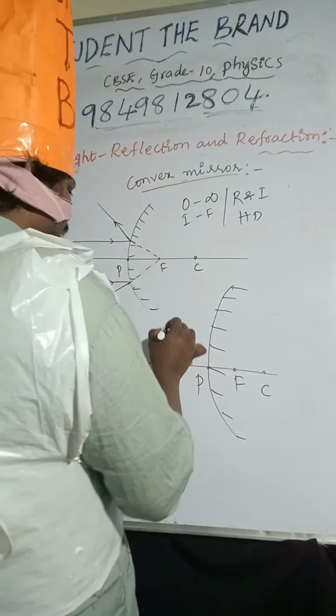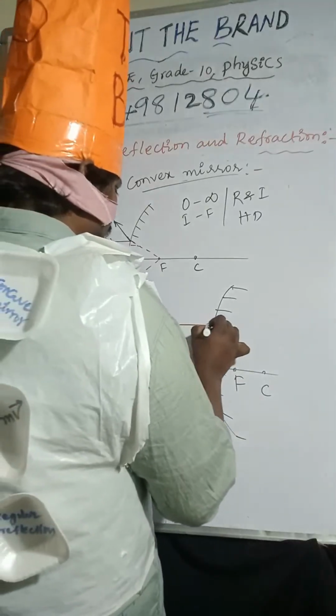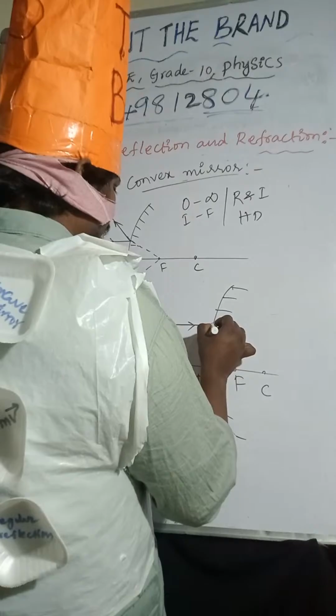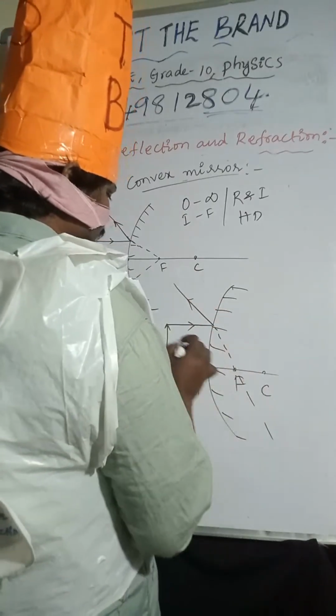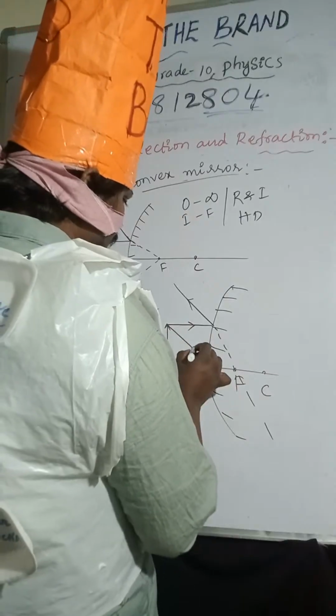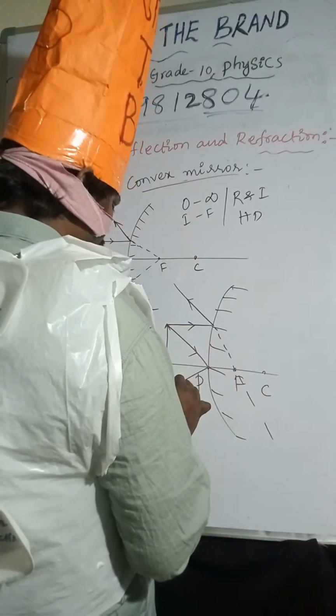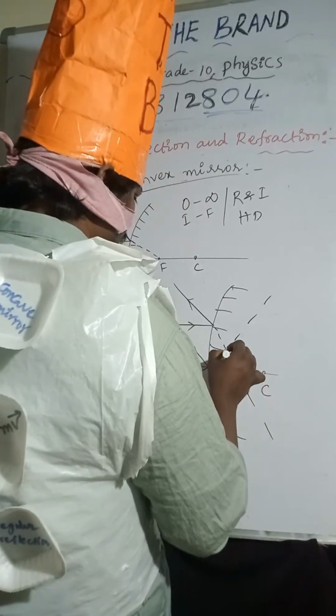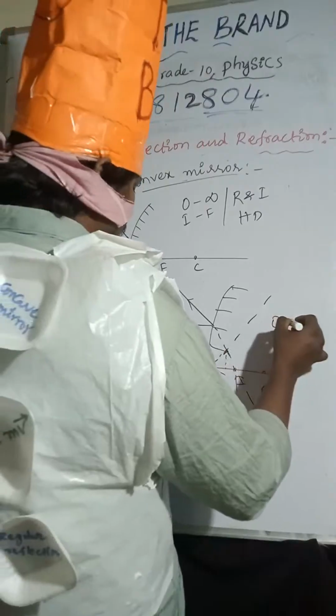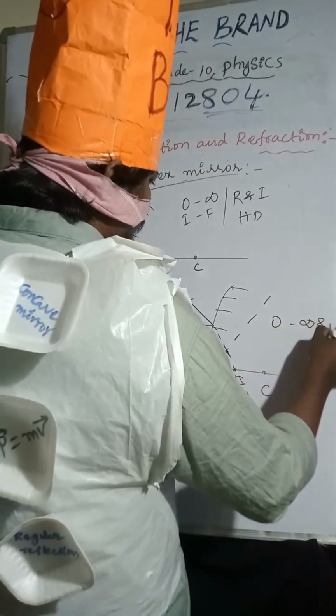So one light ray I'm taking here, it passes through focus. Object is placed between infinity and pole.